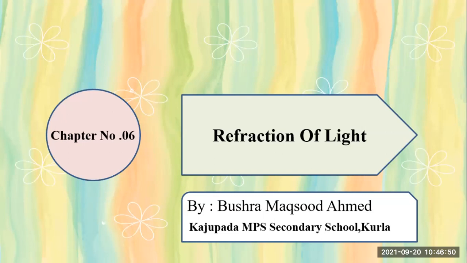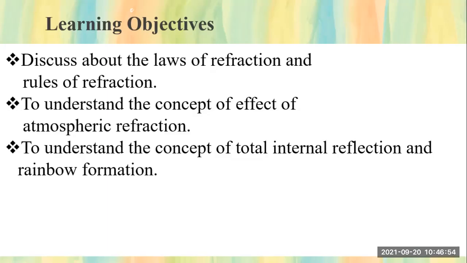Okay. Now in this chapter, what are our learning objectives? Our learning objectives are, we'll discuss the laws of refraction and rules of refraction. Second, we are going to understand the effects of atmospheric refraction.